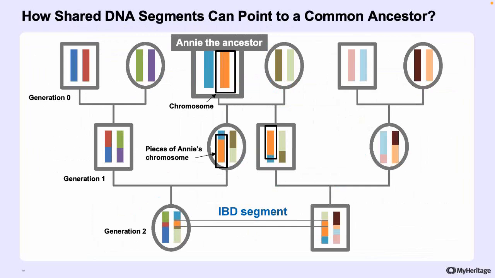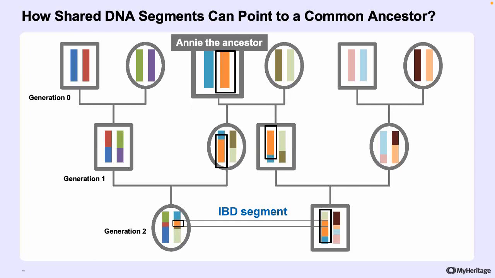When I'm looking at Annie's children, you can see the orange segments, and these are the pieces of Annie's chromosome that they received. And if I go down to Annie's grandchildren, you can also see the orange segments they got from Annie the ancestor.